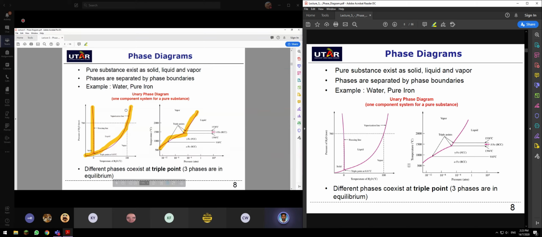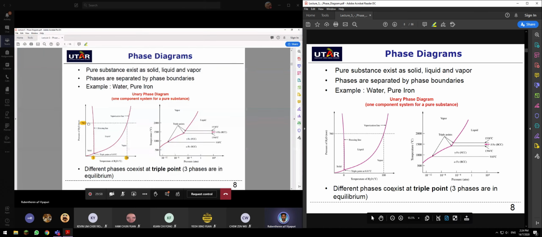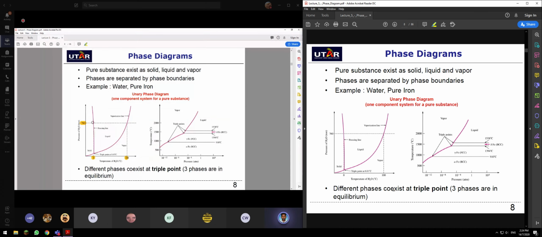Okay, let's look at water, and this is pure water. Here, if you look at the temperature, here is 0, and here is 100. And this is the pressure. Below 0 degrees Celsius, at a pressure of 760 mm of mercury, water will become solid. So it is represented in the phase diagram.